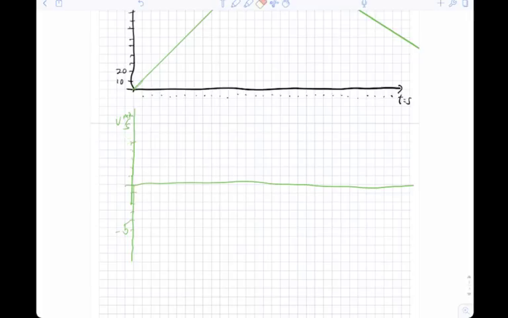So we don't want this to be 5, we want it to be 10 seconds. 10, 8, 6, 4, 2, minus 2, minus 4, minus 6, minus 8, minus 10. All right.